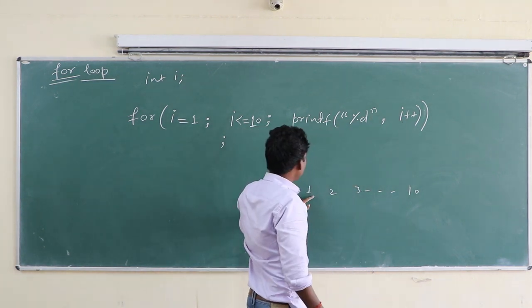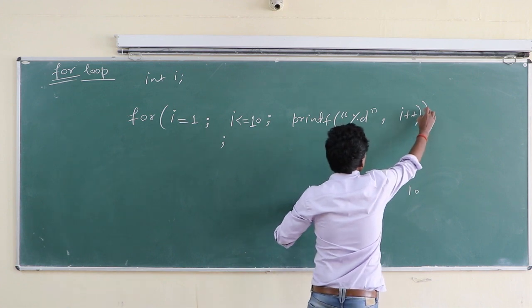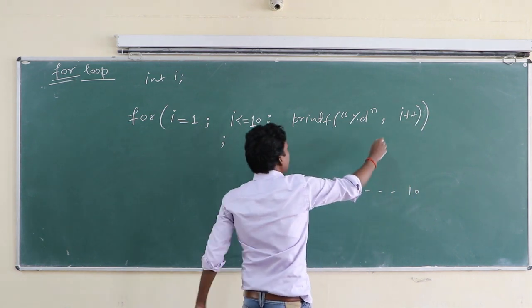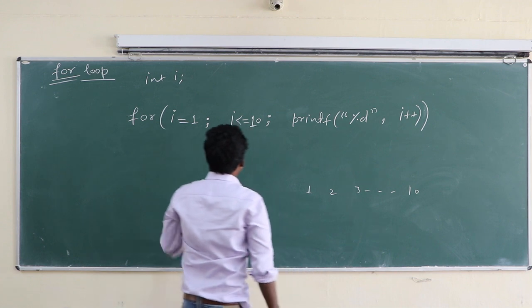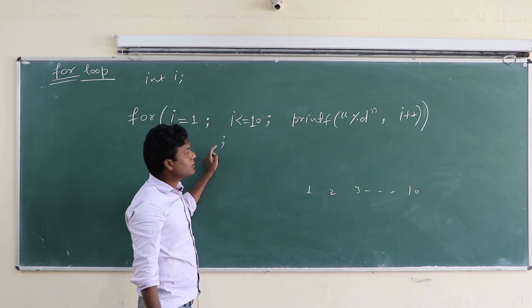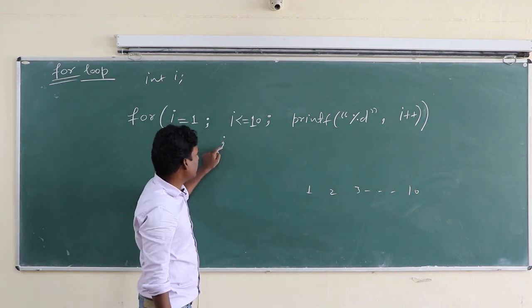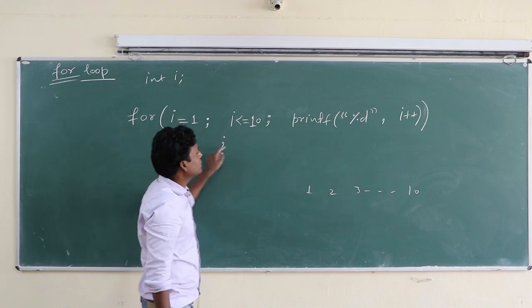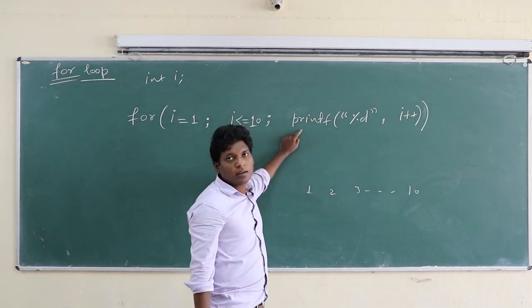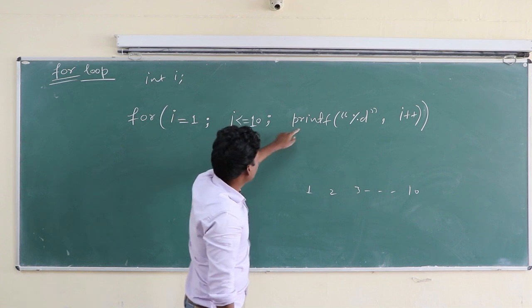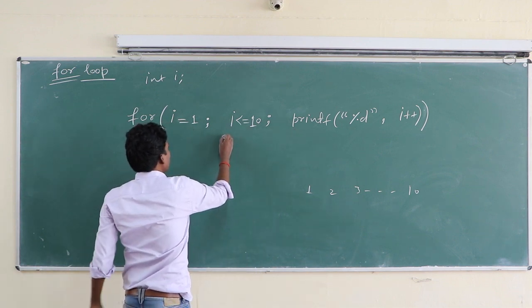First the value is printed, then i is incremented. Here is the semicolon of printf. This is necessary. If you remove this semicolon after the for loop, then there will be a syntax error.